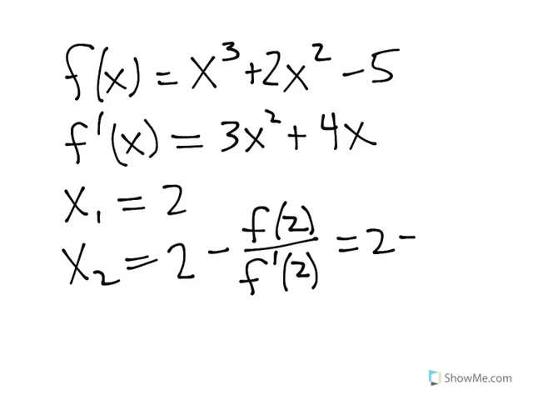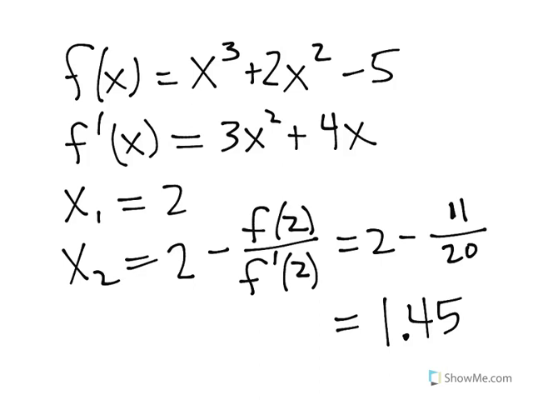I got f of 2 is 11. And if you take 2 and plug it into f prime, I got 20. So 2 minus f of 2 divided by f prime of 2 gave me something like 1.45, which is good because we know the true answer should be between 1 and 2. So it looks like my second guess is a little bit closer than my first guess was.